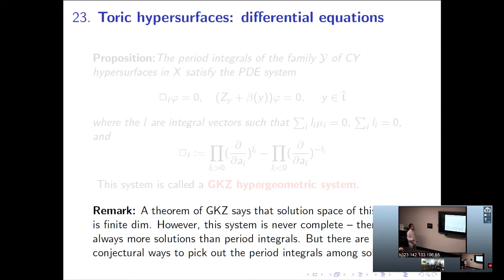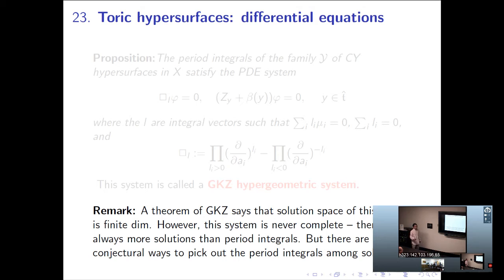So a theorem of GKZ says that the solution space of such a system is finite dimensional. But on the other hand, this system is never complete, meaning there are always more solutions than just the periods. And there are two conjectural ways to pick out the period integrals among solutions.